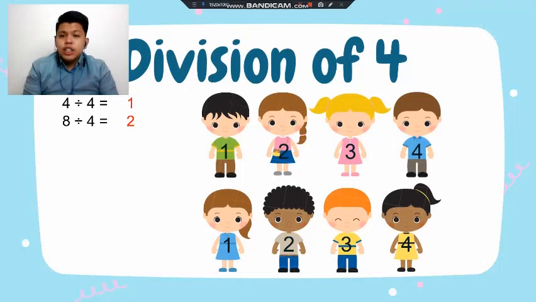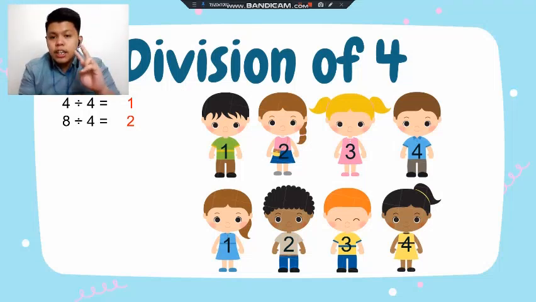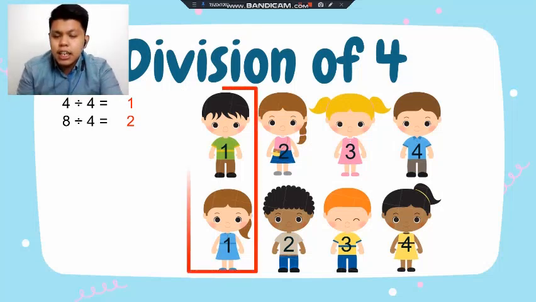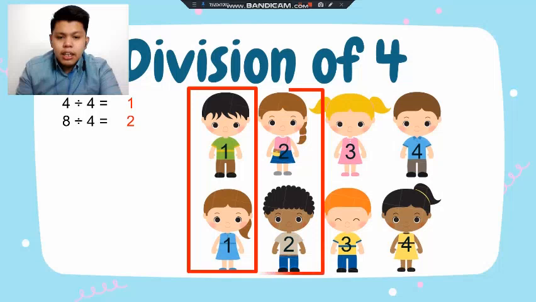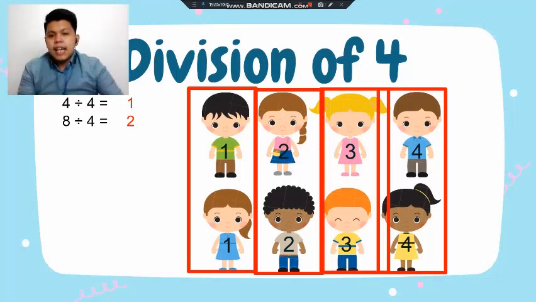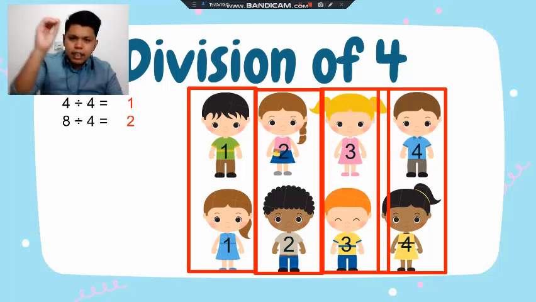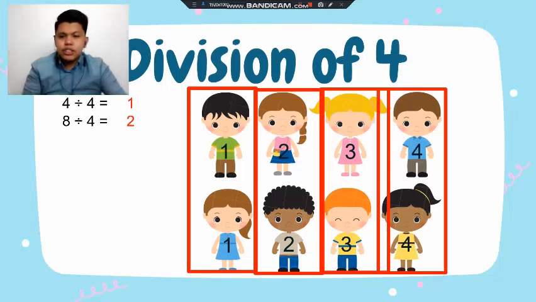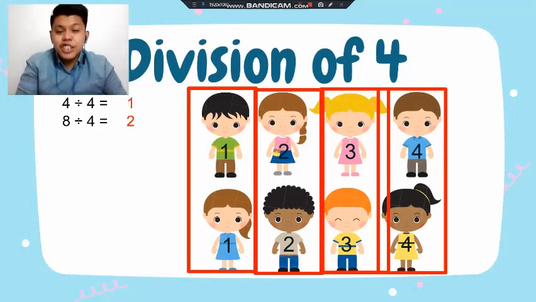Now, there is another way to see this. Try now to box the persons with the same number. So, for example, they're both 1, they're both 2, they're both 3, and the last one is both 4. Now, in 4 groups, how many children are there inside?